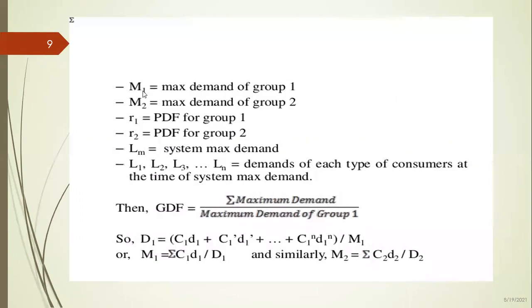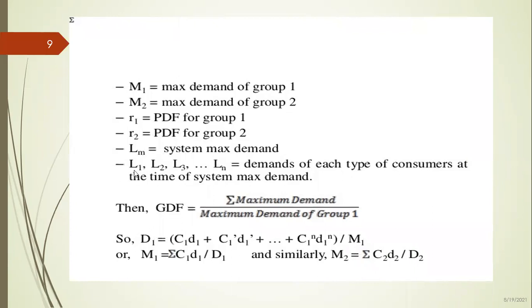Now let M1 be the maximum demand of group 1, and M2 the maximum demand of group 2. Okay. Now let R1 be the peak diversity factor for group 1, and R2 the peak diversity factor for group 2. Okay. Now let LM be the system maximum demand when the system is at its peak.